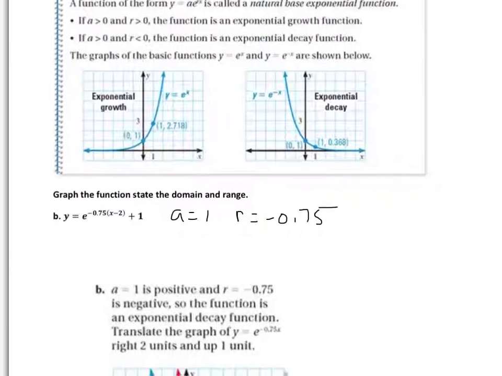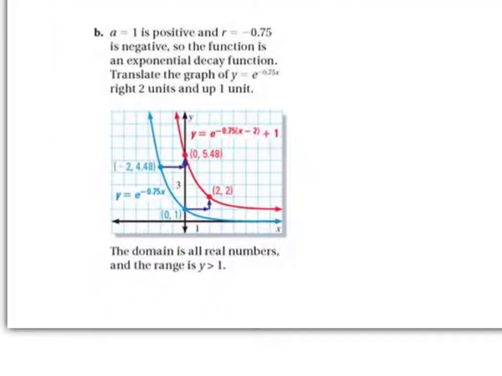So let's just look at this graph. What they did here, this original graph right here is that one. So they just started by graphing e to the negative 0.75x. Okay? And then see how it's shifted, right 2, up 1.